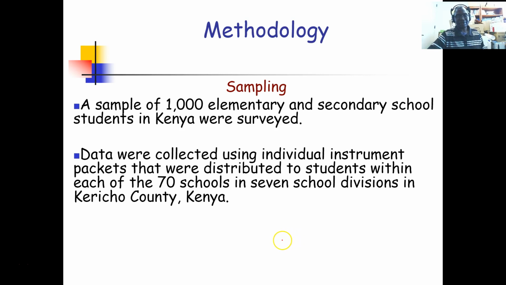The sample of the study came from 1,000 elementary and secondary school students in Kenya. Data were collected using individual instrument packets that were distributed to students within each of the 70 schools that participated, that were distributed in 7 school divisions in one of the counties in Kenya called Kericho.